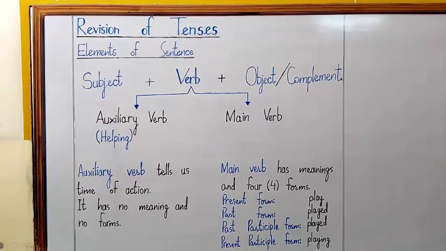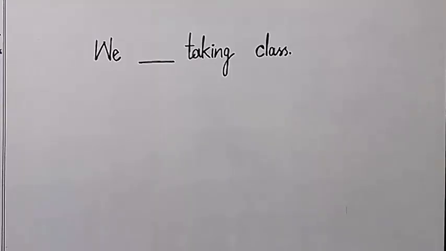For example, I have written a sentence on the board. You cannot tell me the time of action in this sentence, and you cannot tell me whether it is present tense, past tense, or future tense unless I use the specific auxiliary verb in this sentence.